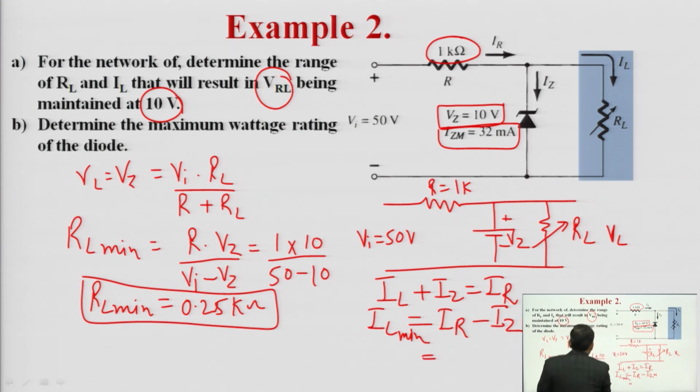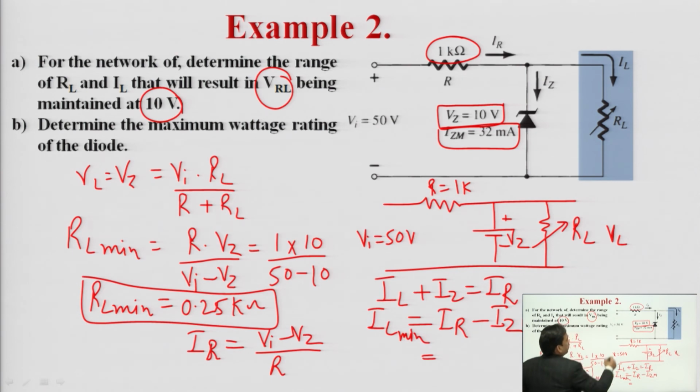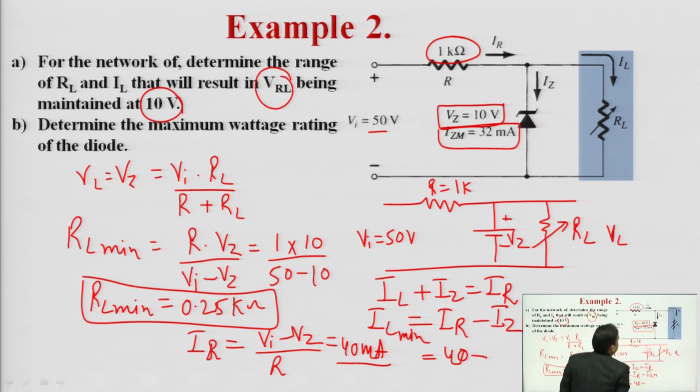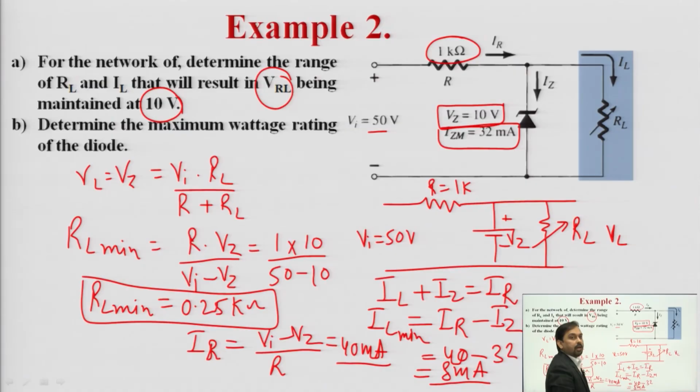IR will be Vi minus Vz divided by R. So this is 50 minus 10 by 1, which is 40 milliampere. This is fixed. So 40 minus IZM, which is 32, will be 8 milliampere. So the minimum value of load current is 8 milliampere.